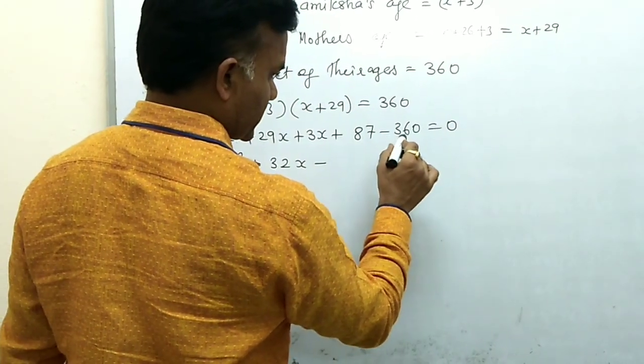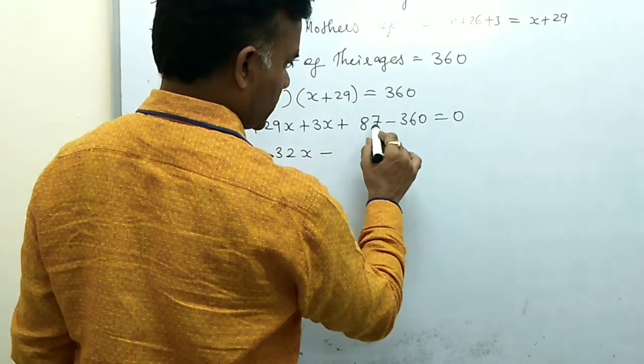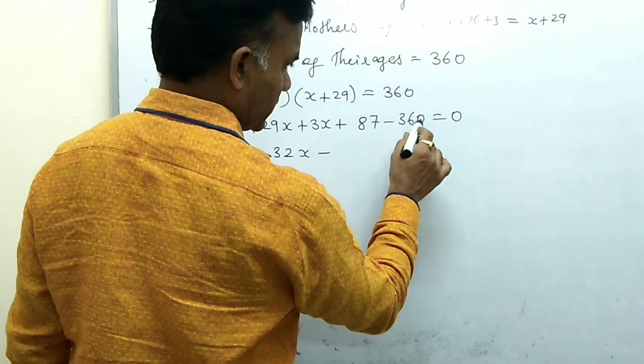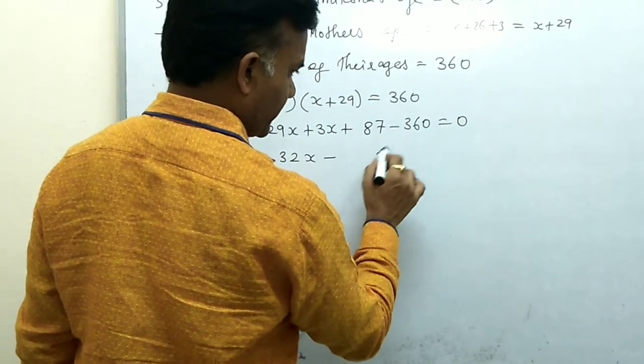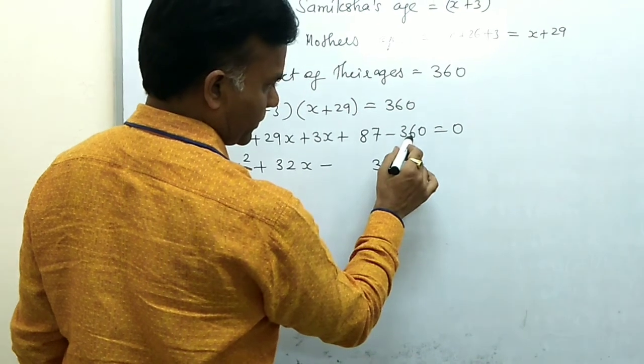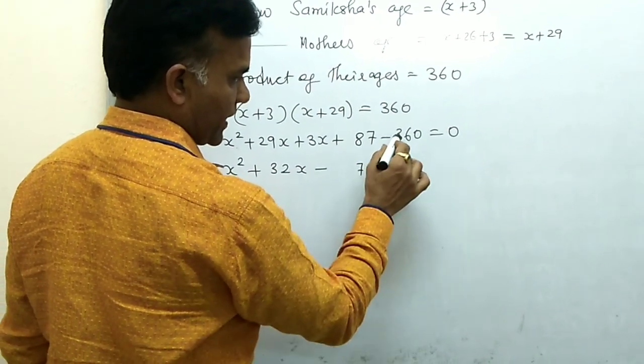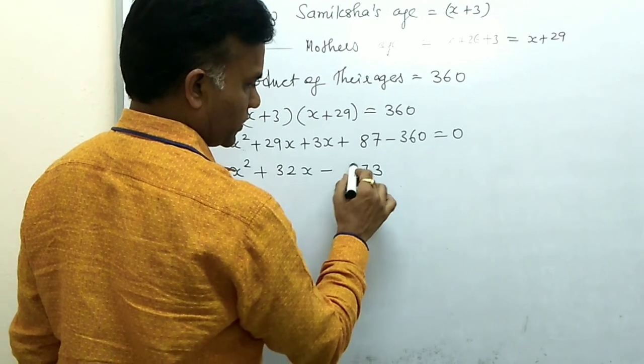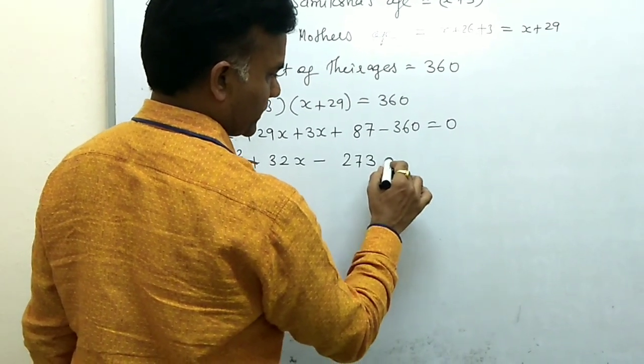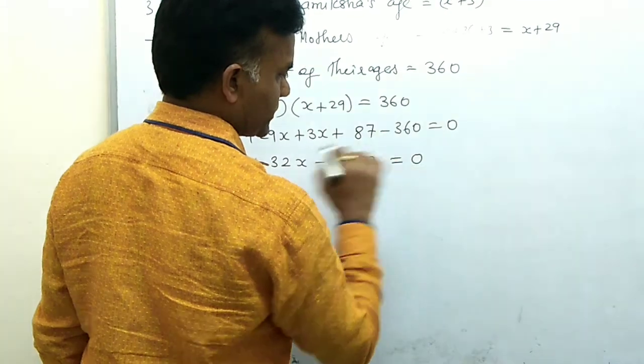So 87 minus 360 gives minus 273, which is equal to 0.